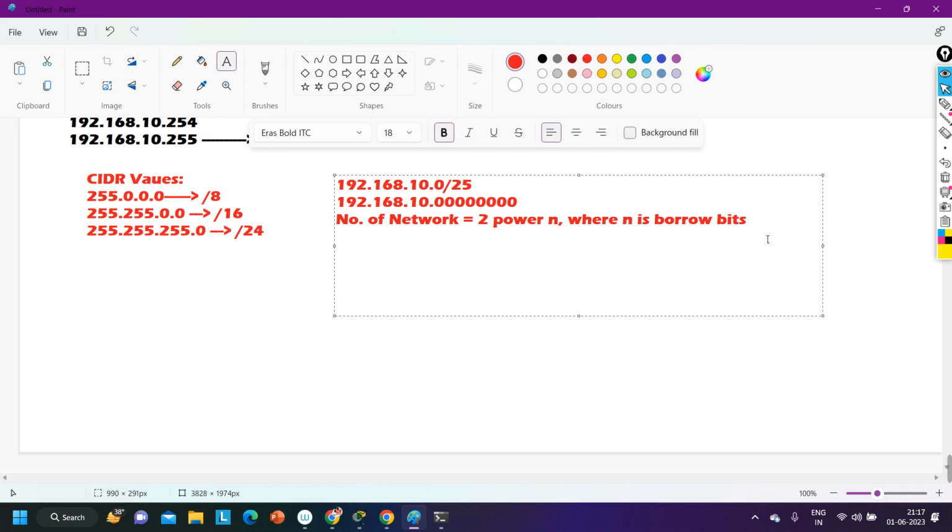Like that you can calculate, or you can calculate with block size. Your next network will start from here. So the block size formula is 256 minus the subnet mask of the last octet. Getting my point? Subnet mask of the last octet means the subnet mask of that octet where the last one is present.